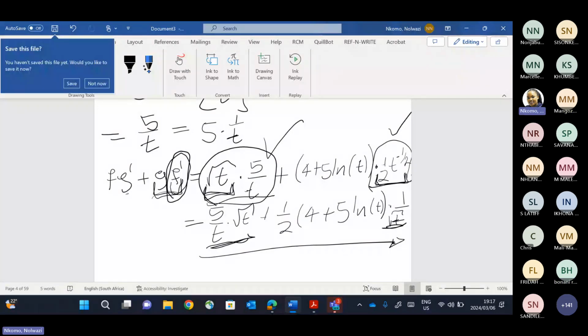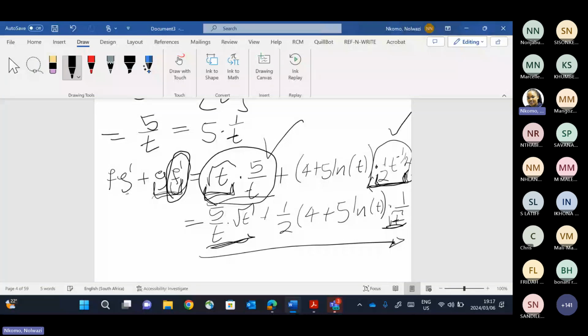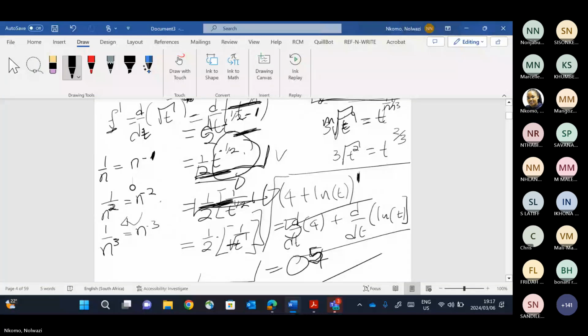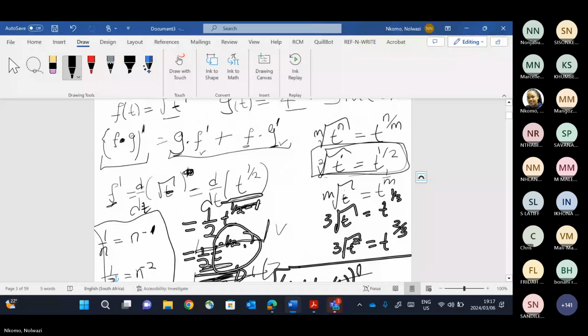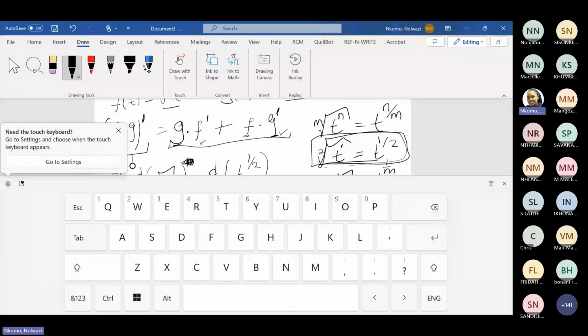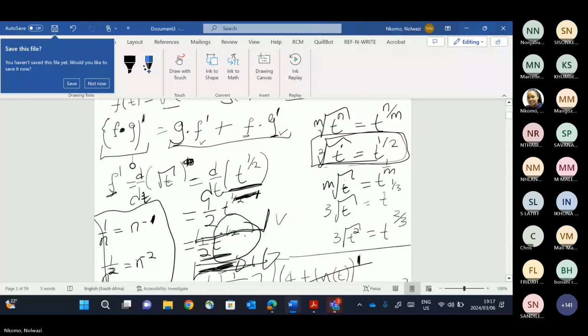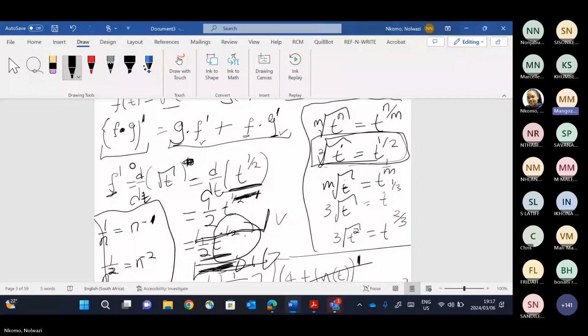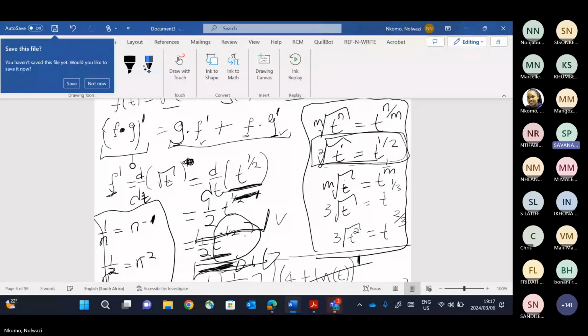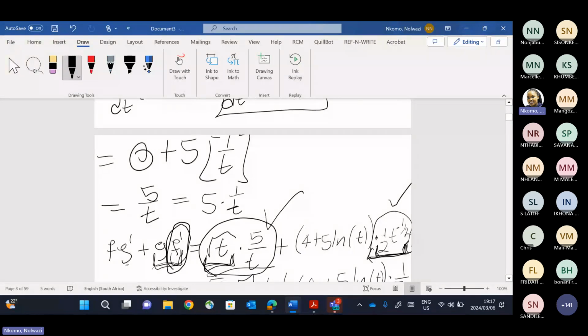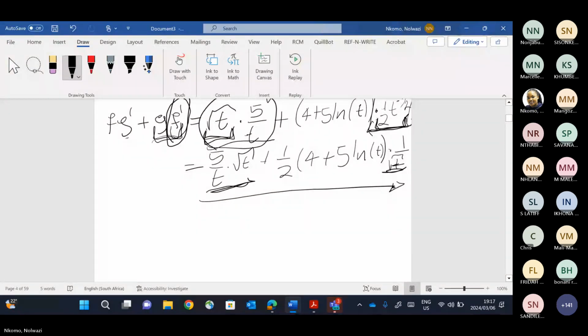Okay, this one is the one that I was explaining here. I was doing examples here and here. I said square root of t is equal to t to the power a half, right? Yes.